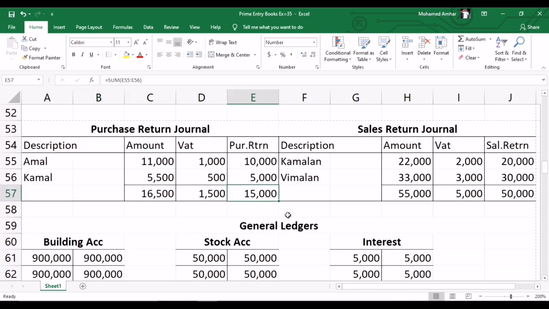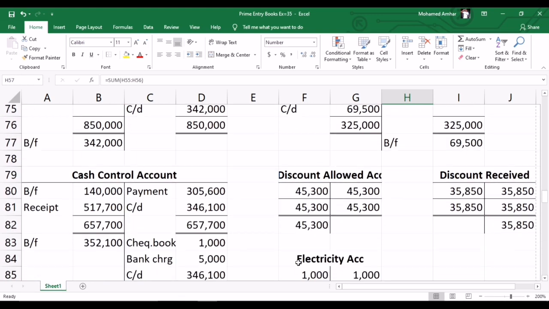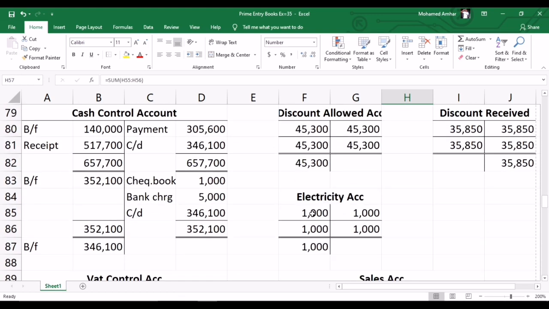Yes. Now sales return journal total. This total, right, by sales return debtors decreasing. So debtor account credit, VAT account and sale return account should be debited. Right. So debtor account should be credited 55,000.